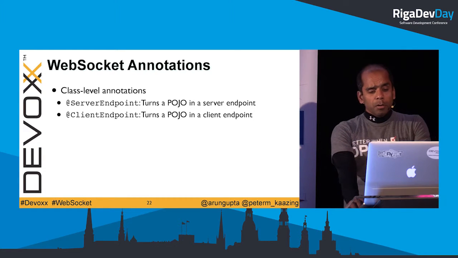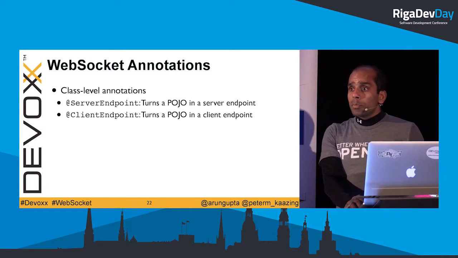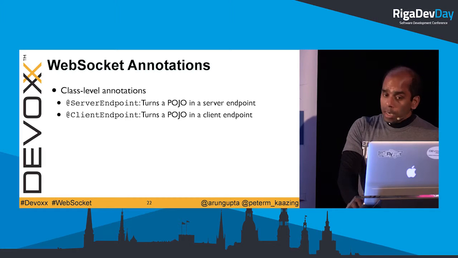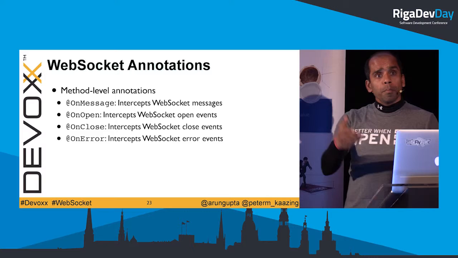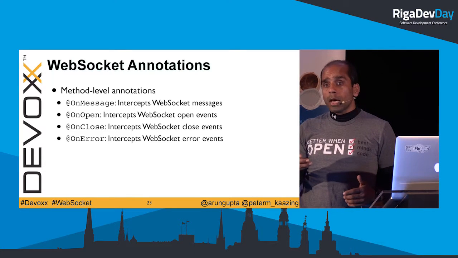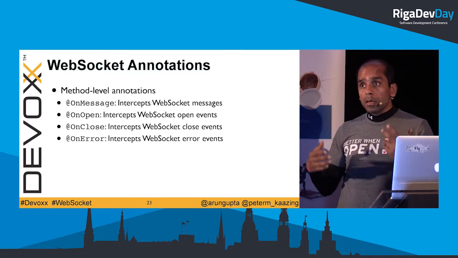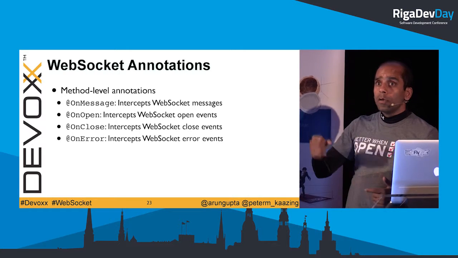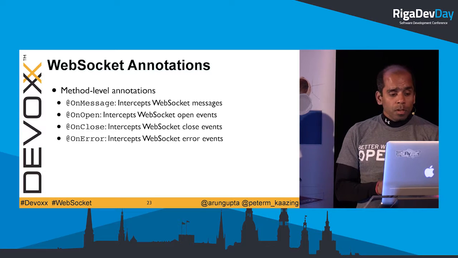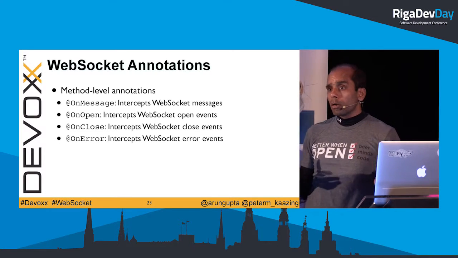So in terms of WebSocket annotations, there is @ServerEndpoint which turns a POJO into a server, and there's the @ClientEndpoint annotation which turns a POJO into a client endpoint. There are also method level annotations. Just like we have onmessage, @OnMessage identifies the method that needs to be called whenever it receives a message. There are @OnOpen, @OnClose, and @OnError annotations.